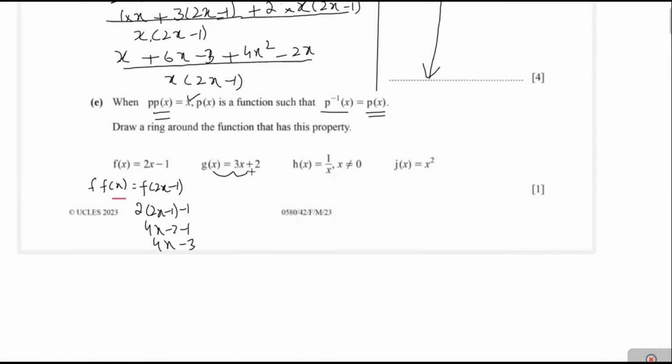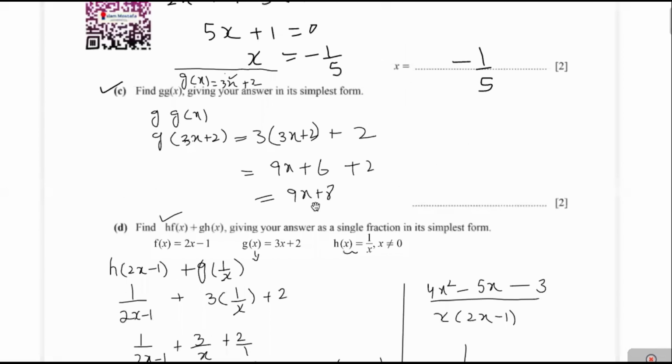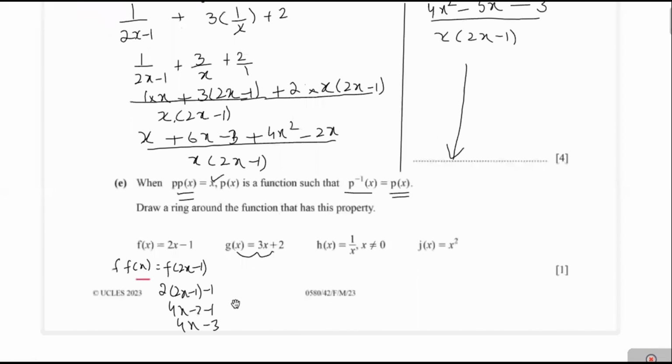Now g of x, we already found here, g of x is equal to 9x plus 8. Therefore, this is not possible.